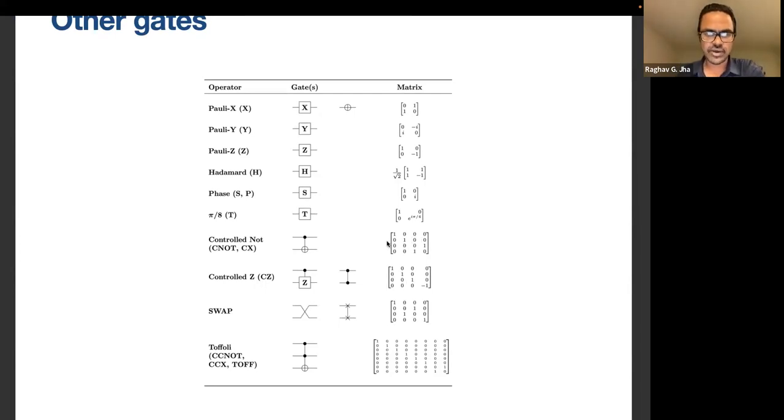So for example, we can already see that the control NOT or the CX is represented by a 4x4 matrix. This is the notation, and it's represented by a 4x4 matrix because there are two qubits. And same for control Z, same for swap. The Toffoli gate, which was introduced in the 80s, I think, is a double controlled NOT gate. So it's a 3-qubit gate, and there are two control lines. So instead of having just one control line, as in the CX gate, it has two control lines.